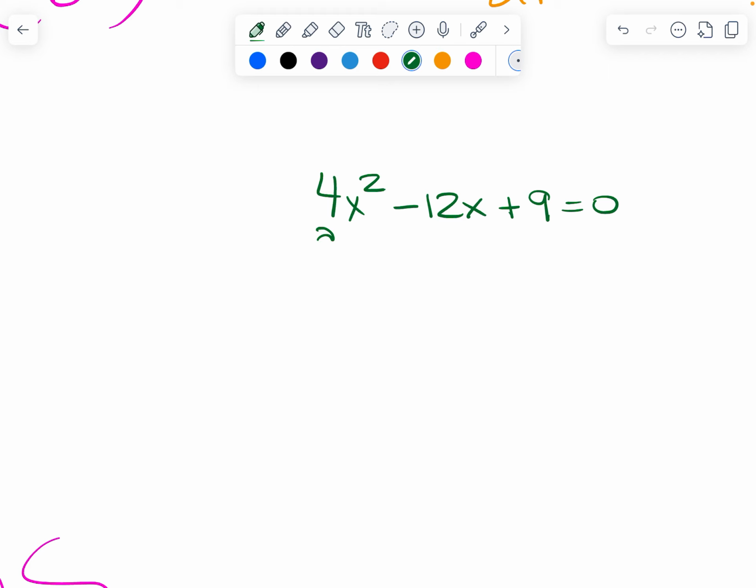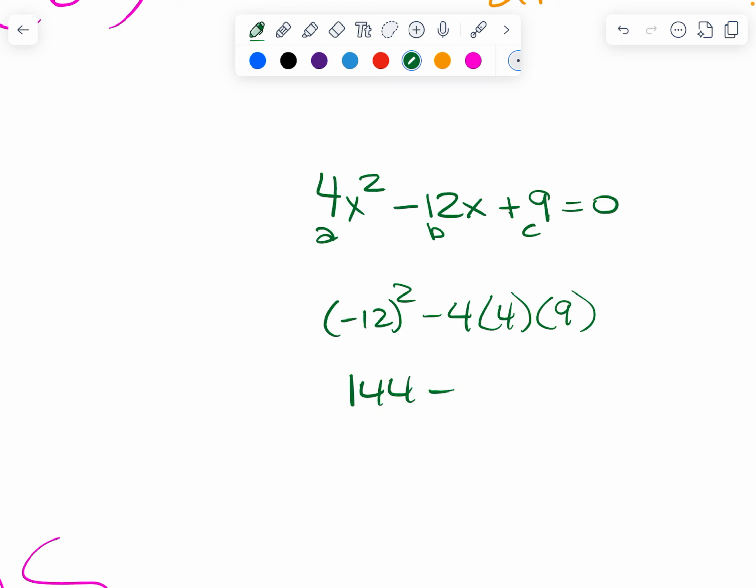And this is my A, this is my B, this is my C. So negative 12 squared minus 4 times 4 times 9. I get 144 minus 144. Comes out to 0. So there's one real solution.